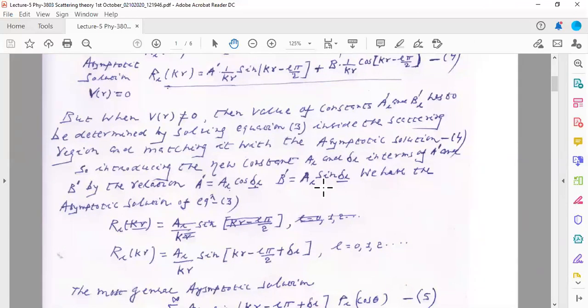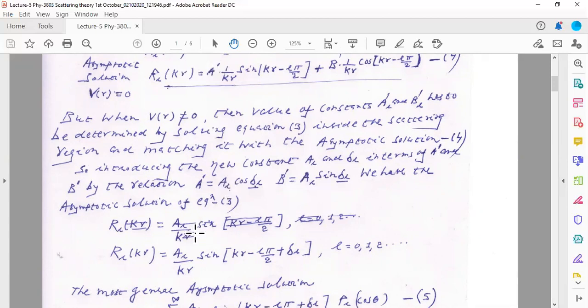So when you introduce the new constants, the constant AL and the constant delta L, and I write the asymptotic solution in presence of the potential, the constant A dash is now altered, and I'm writing the new constant, that is AL.